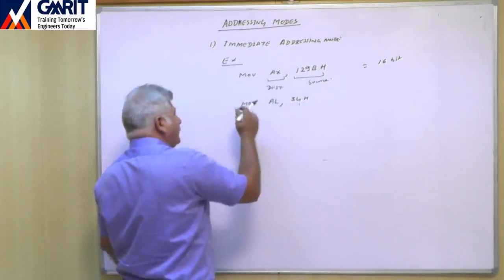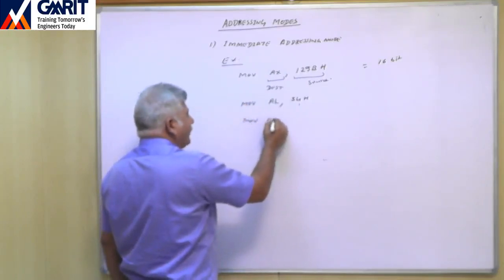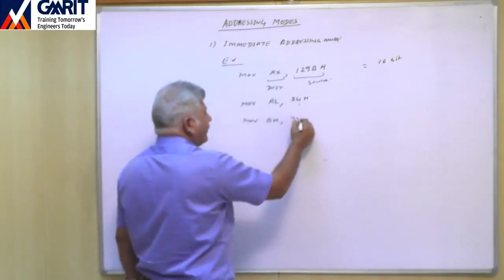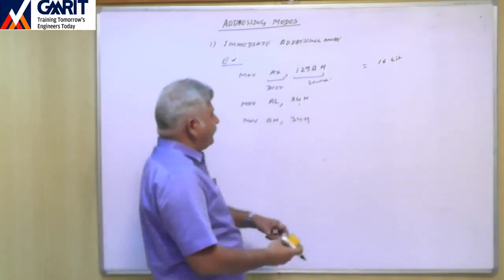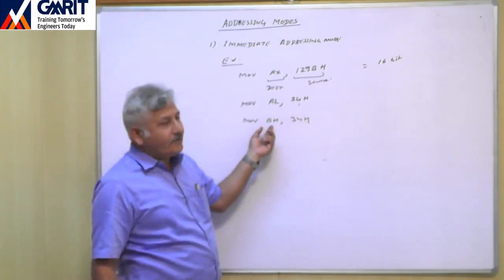You can use in the destination higher register also. For example, move AH, 34H. So now this 8-bit number 34H will be moved in AH register.